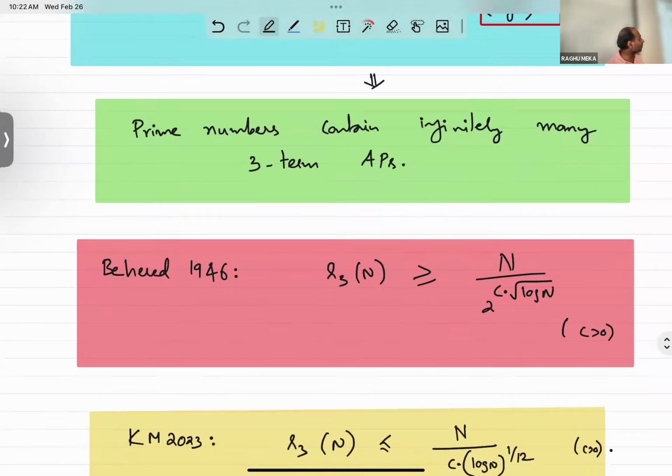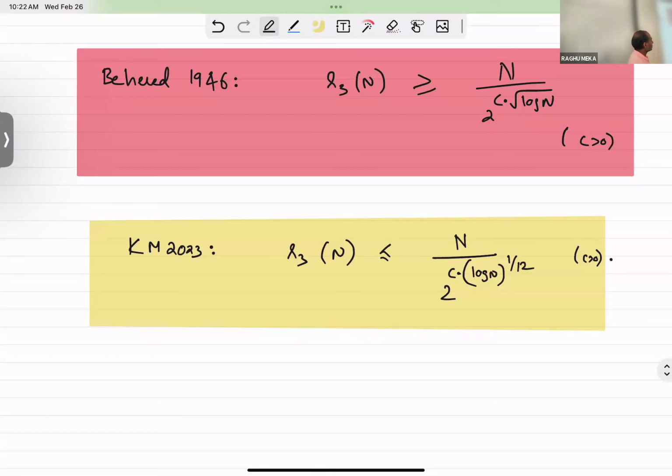Earlier it was like 1 over log n. Now it's 1 over 2 to the log n to the 1/12. This 1/12 has since been improved to 1/7, I think, or maybe 1/6 now. But it does suggest that Behrend's construction from '46 is probably the right answer. So we had this big gap, now it's closer.